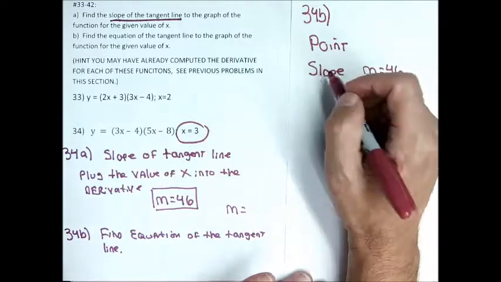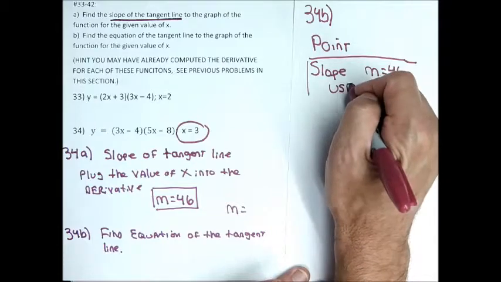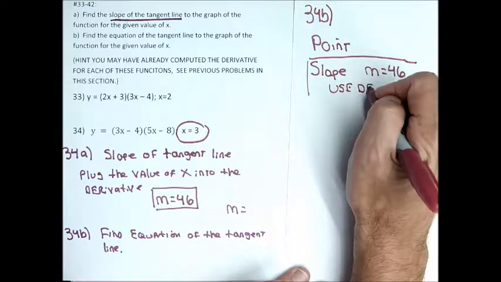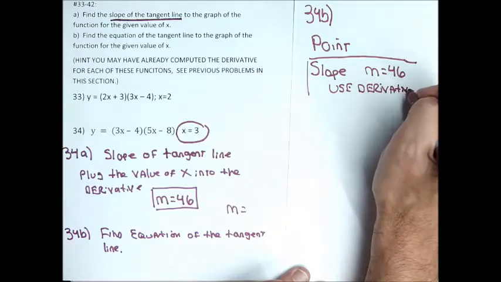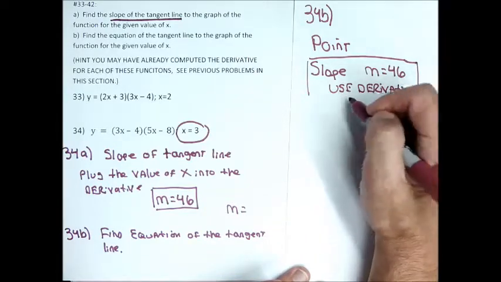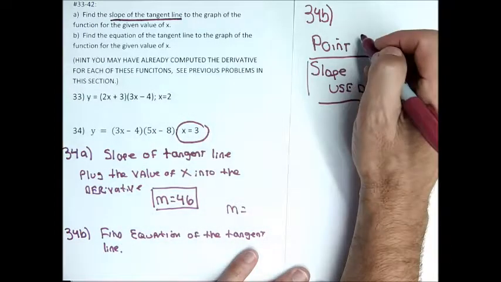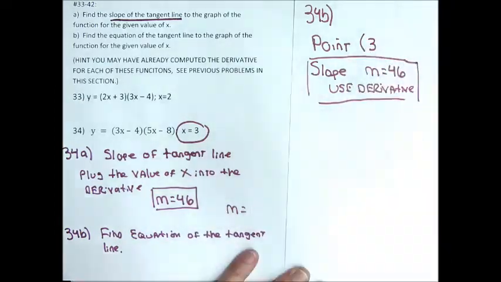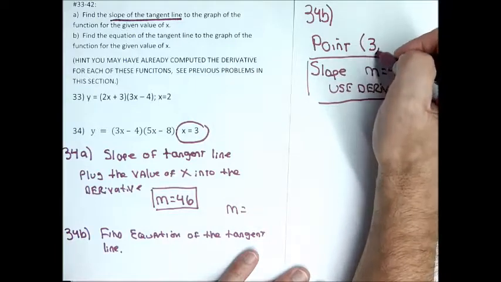So for slope, I use the derivative. I didn't give you a slope, so I needed to use the derivative to find the slope. I give you the x coordinate of a point, but I didn't give you the y. And in order to finish up problem 34b, I need to finish the point. I gave you half a point.